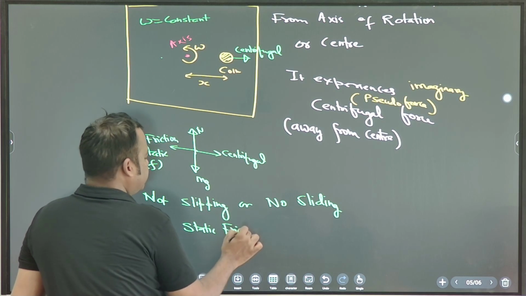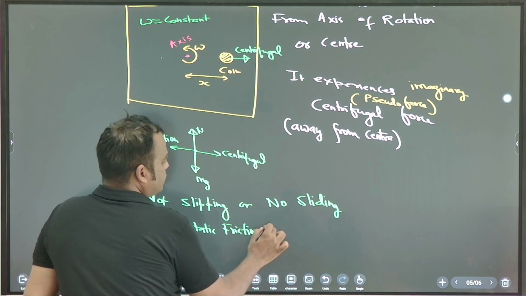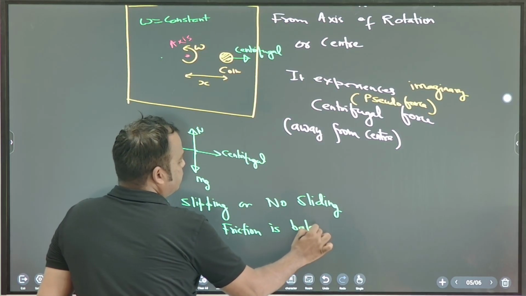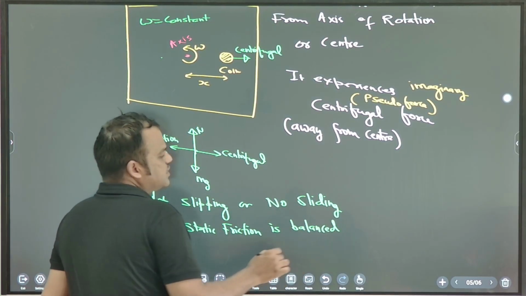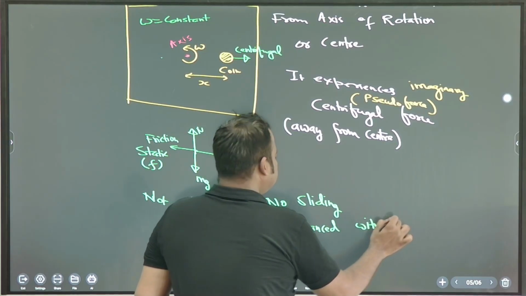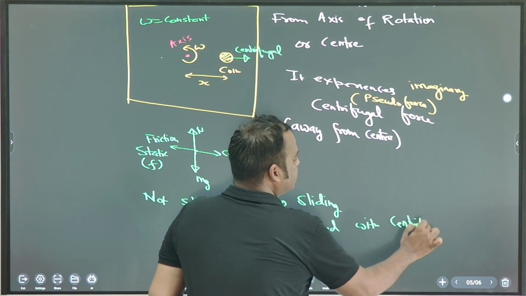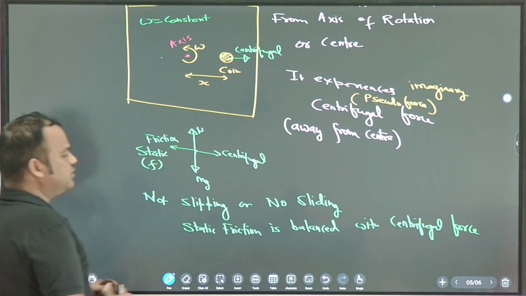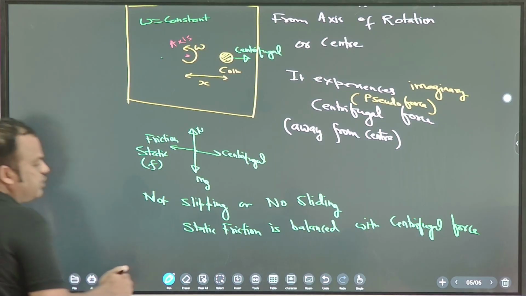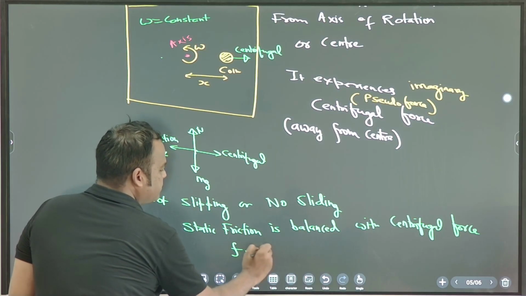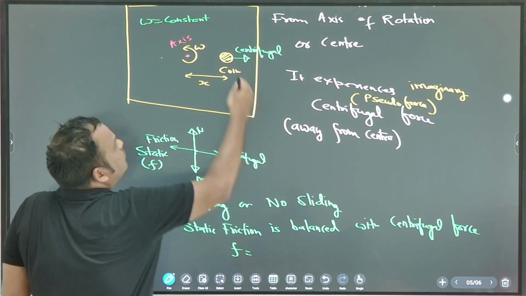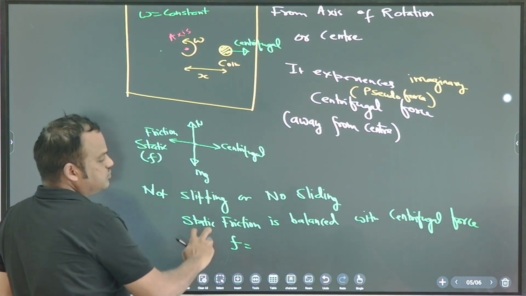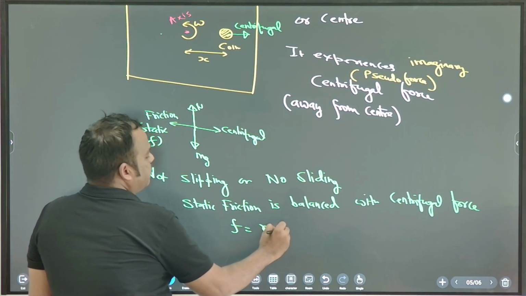So static friction is balanced with centrifugal force. Static friction F is equal to centrifugal force. What is the formula for centrifugal force? m r omega square.